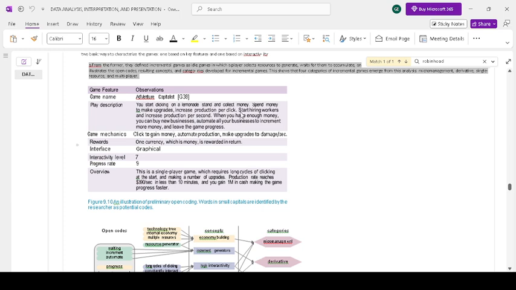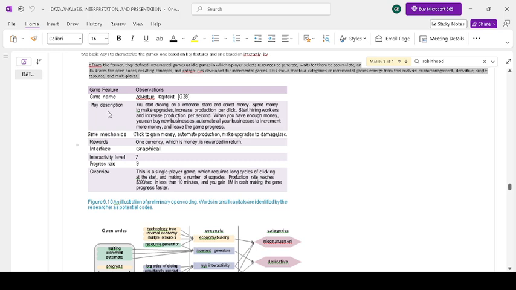When you have enough money, you can buy new businesses, automate all your businesses to increment more money and leave the game progress. Game mechanics: click to gain money, automate production, make upgrades to damage per second. Rewards: one currency, which is money, is reward in return. Interface: graphical. Interactivity level 7, progress rate 9.